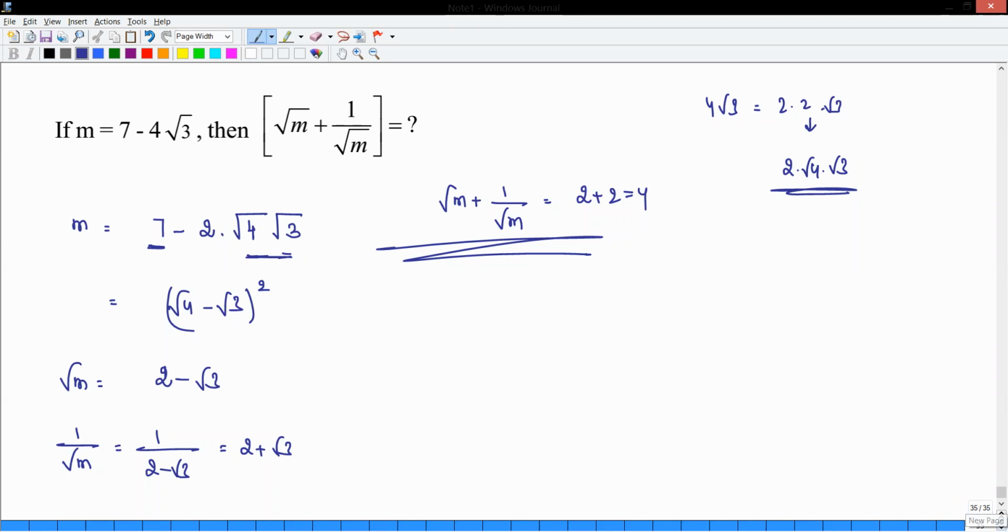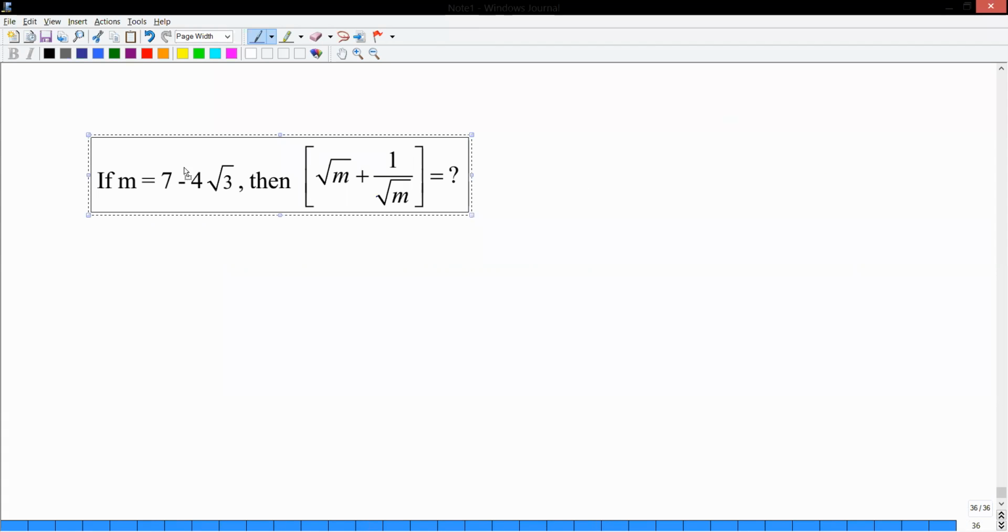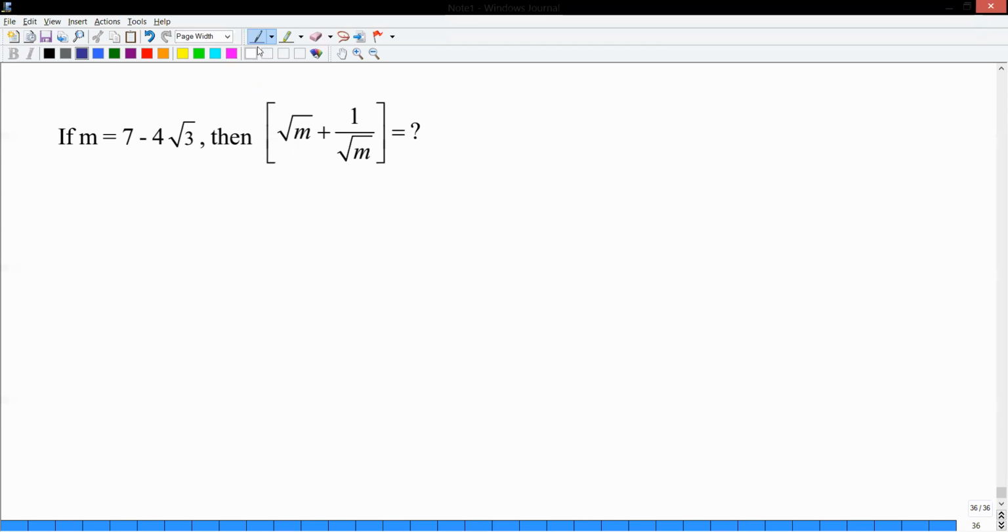The same sum, you can actually do in another way. We know m is equal to 7 minus 4 root 3. We also know 1 by m is equal to 7 plus 4 root 3. If you do the sum, assume this is equal to k.